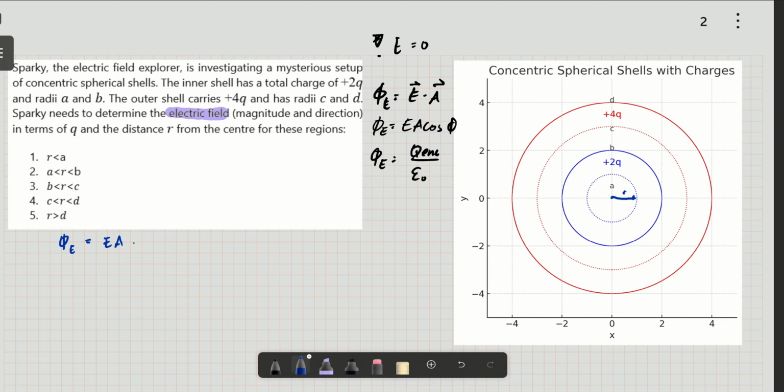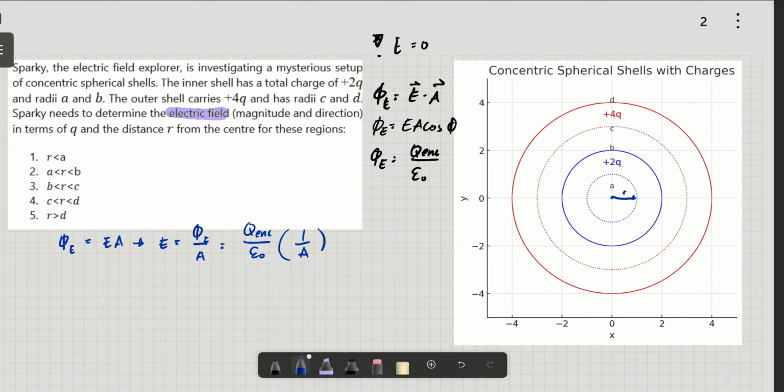To get the E, manipulating, the electric field is equal to flux divided by A. Our flux is Q enclosed divided by epsilon naught, times 1 over A. We know that the Q enclosed here is 0 because this is the center.